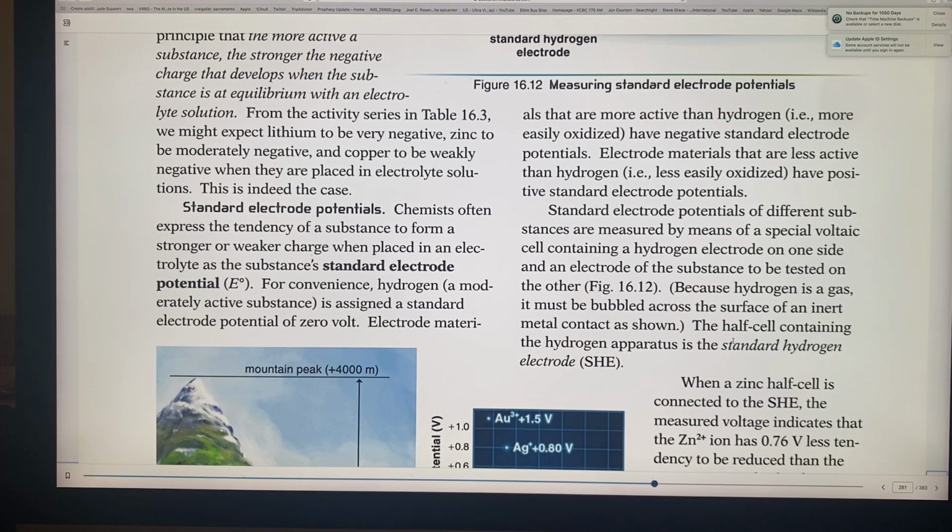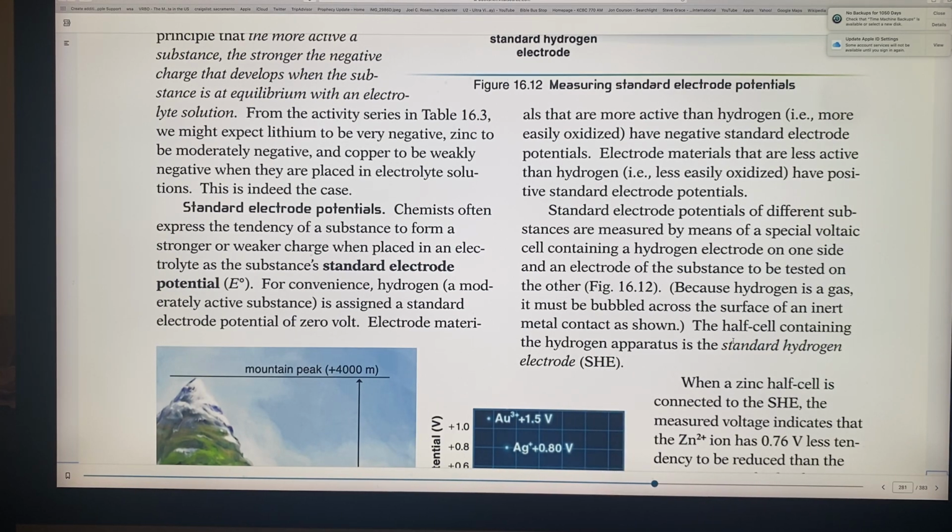The standard electrode potentials of different substances are measured by means of a special voltaic cell containing hydrogen to be put in and tested. And because this hydrogen is a gas, it must be bubbled across the surface. It's kind of weird, bubbled across. The half cell containing the hydrogen apparatus is called the standard hydrogen electrode, or SHE.